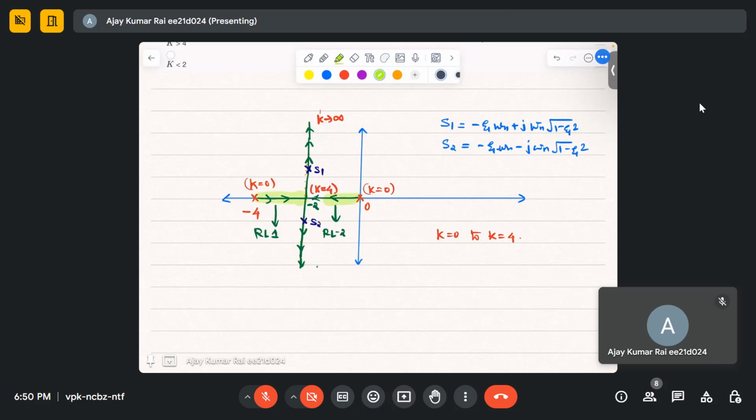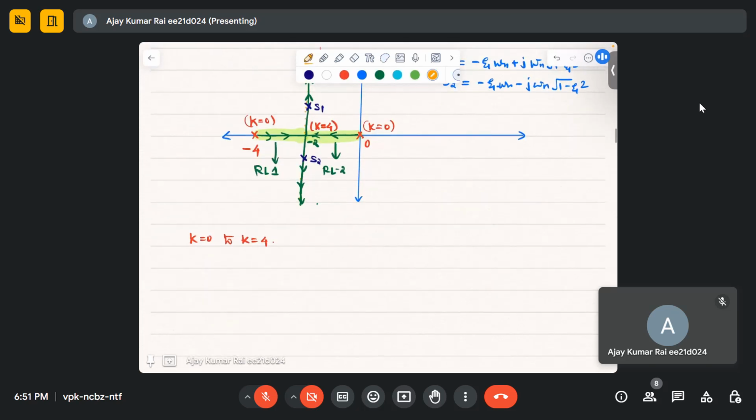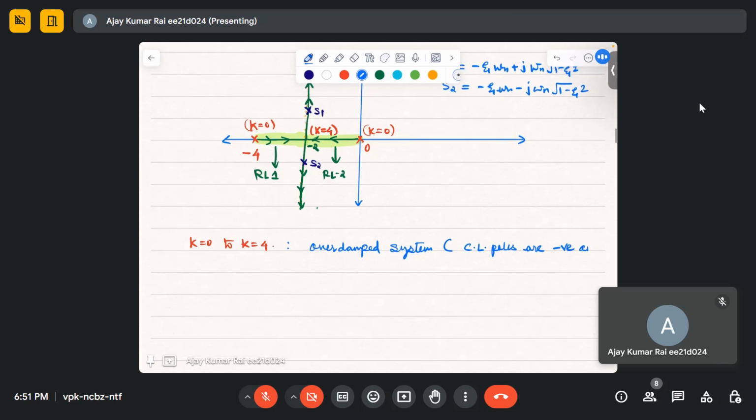If you see, the poles are always real, right? So we have also seen, this is the case of an overdamped system. I'll say closed loop poles are negative and real.